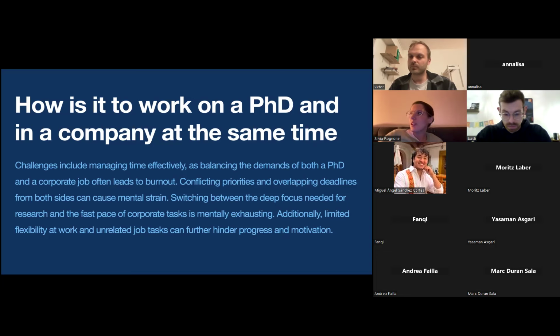But I was wondering if you also noticed some improvement, in the sense that it was beneficial to experience a corporate job, to be more organized during your PhD, understanding better how to have small tasks during the day and set goals, because that's something that you can learn during corporate jobs, right?